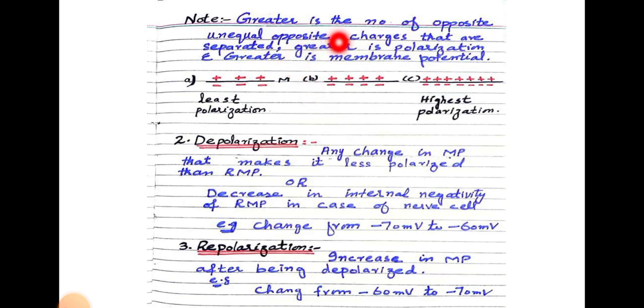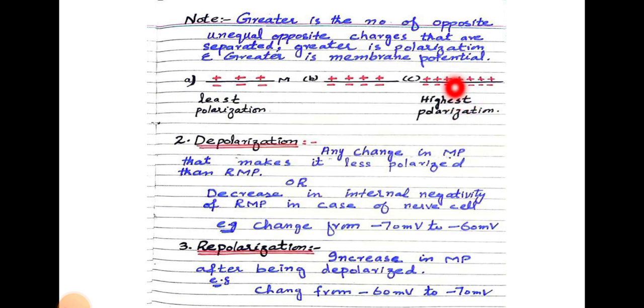Now, the greater the number of opposite charges separated, the greater the potential. Now consider cases A, B, and C. In case A, only three opposite charges are separated. Here four charges are separated, and over here is the greatest number of charges separated.